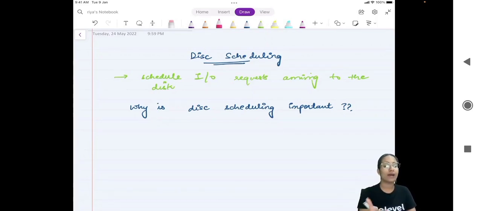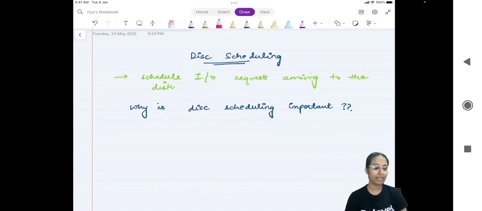That is why the other requests need to wait in a waiting queue, and when the disk controller is free, we need to schedule those requests as well. So we need a mechanism for scheduling the disk operations for those waiting processes. That's the very first purpose.